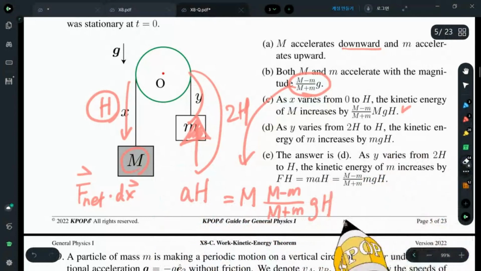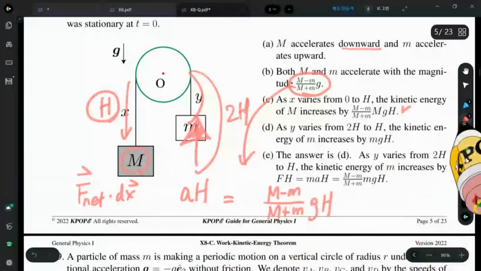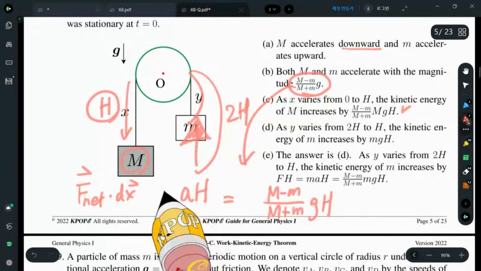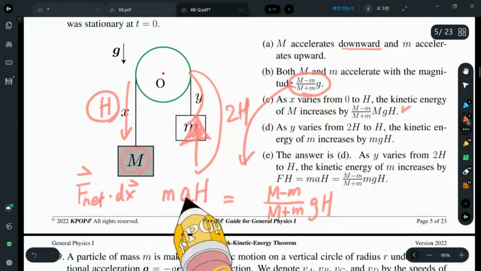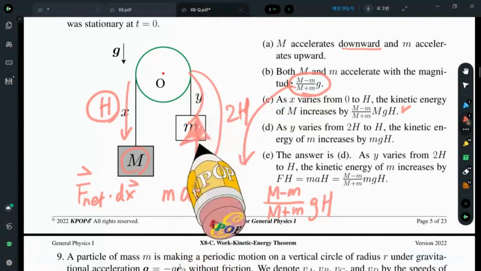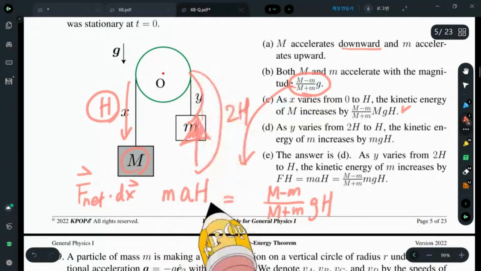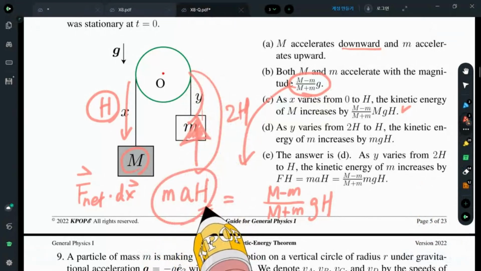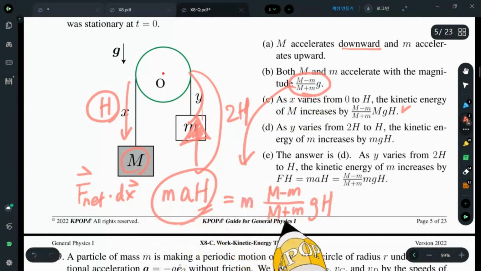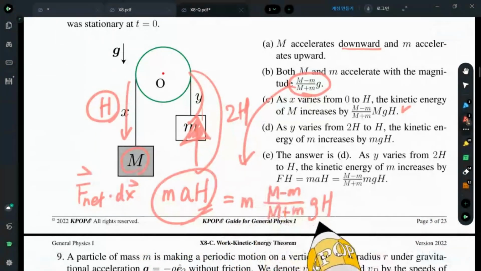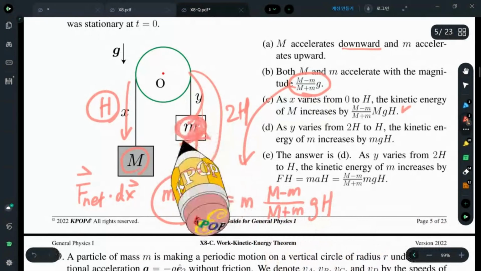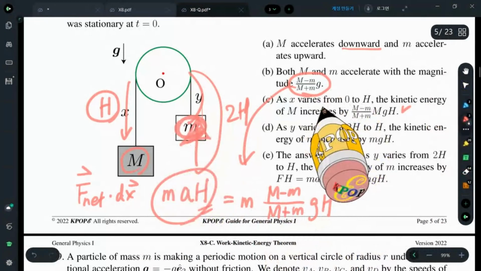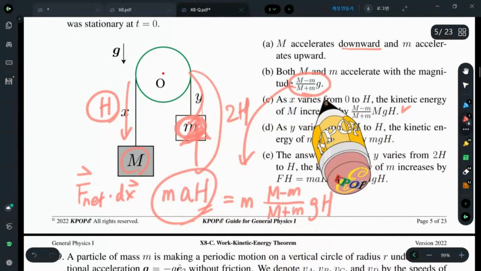It should be replaced with the small m. The acceleration is the same and along the same direction, it makes a displacement, small m a h. That is the work done on this small m. Okay.